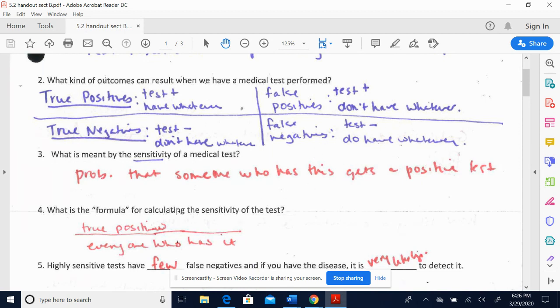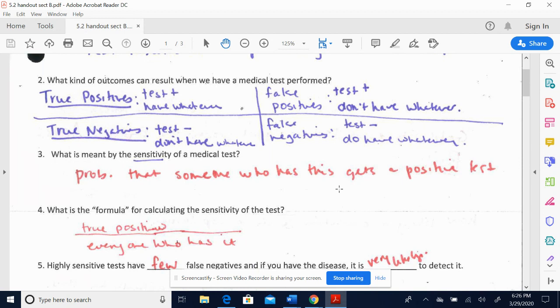Okay. So what is meant by the sensitivity of a medical test? Whenever a lab is developing a new test or trying to come up with a test for a specific condition, they have to really consider a couple of ideas about these tests. One of them that they have to consider is the sensitivity of a medical test. Okay. And that's the probability that someone who has this gets a positive test.